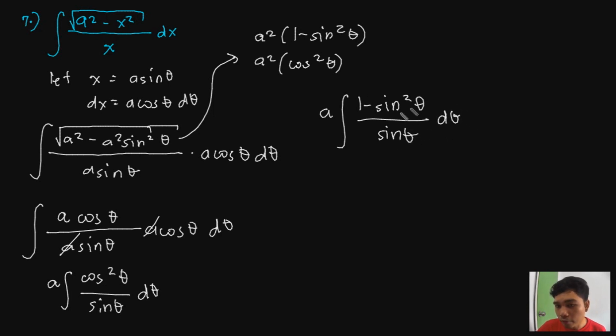And from this, I can rewrite this by dissecting yung mga expressions sa numerator. So that is a times the integral of 1 over sine theta, that is cosecant theta, diba? And then minus sine theta d theta.